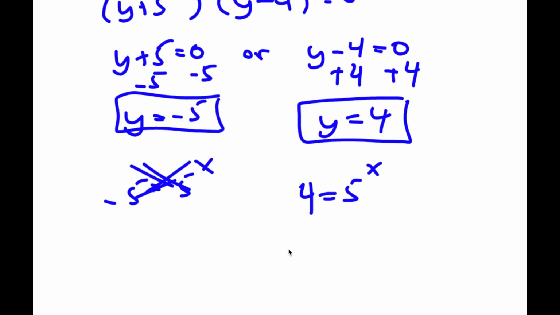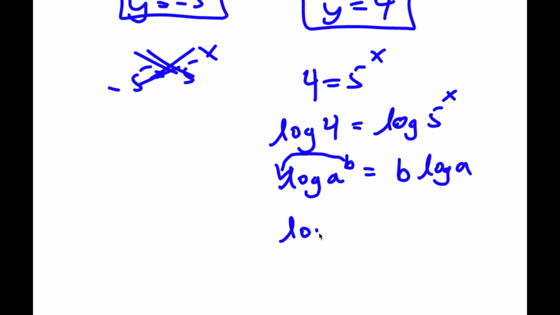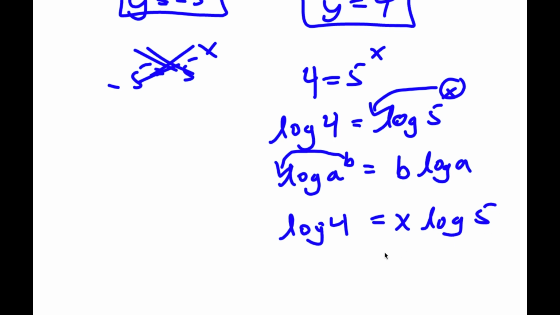And to solve this, I'll first take the log on both sides. So now I have log 4 is equal to log 5 to the power of x. And if I have something in the form log a to the power of b, I can actually move this exponent b to the front of the logarithm. So this is going to equal b times log a. So now I have log 4 is equal to, I'm going to move my exponent x here to the front of the logarithm, so I get x times log 5.